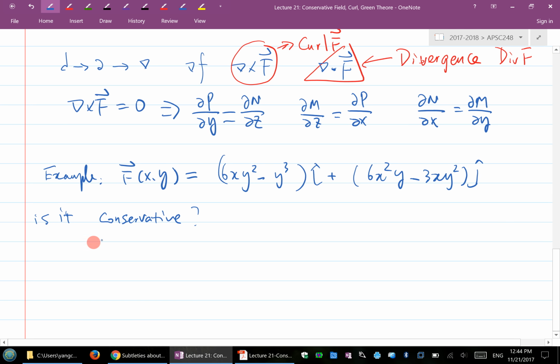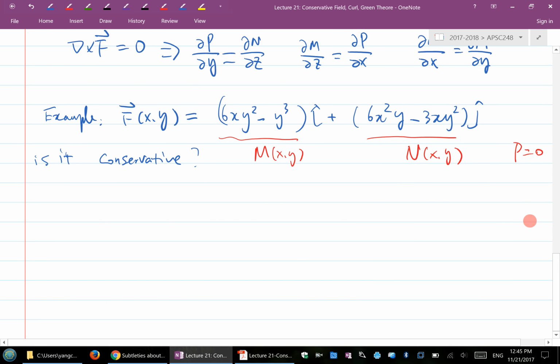We first nail down each one of the components. This is your M, this is your N, and apparently P will be 0. Because it's 2D, M and N are just functions of x and y instead of x, y, z. Now I'm ready to apply my theorem.